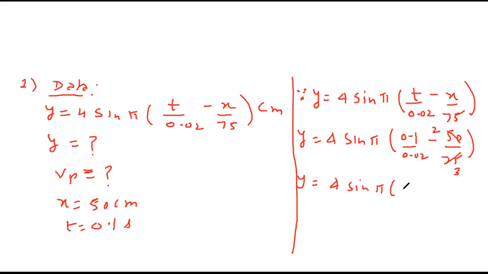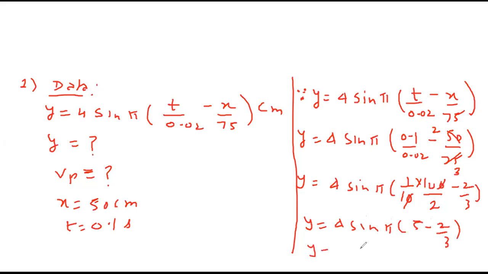I am removing the decimal: 1 by 10, denominator 100 upon 2 minus 2 by 3. So this becomes 4 times sine pi (10 upon 2 is 5 minus 2 upon 3). So y is 4 times sine pi, 15 minus 2 is 13 upon 3. Just copy this much. Now only we should know how to simplify this equation.